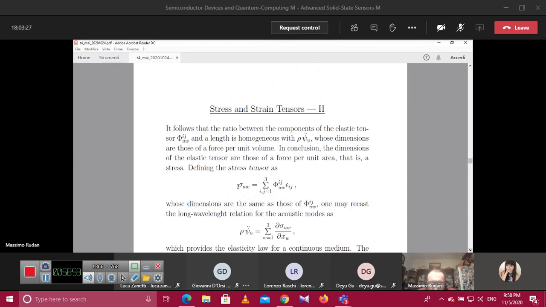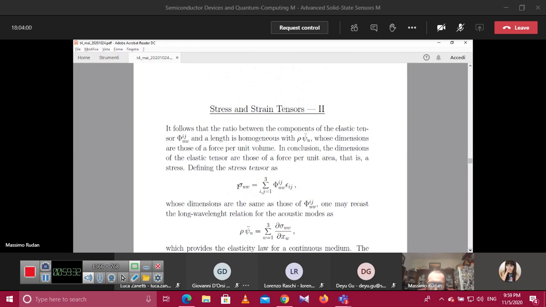So, in conclusion, when we start from the microscopic situation in which we describe the dynamics of the crystal atom by atom, so to speak, okay? After some simplifications, essentially due to the consideration only of the long wavelength relations, okay?